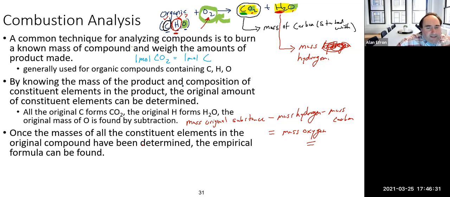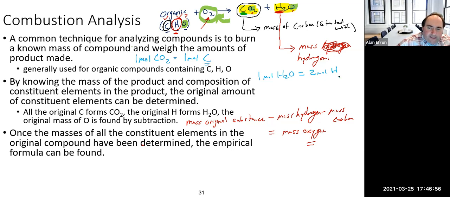That's the same idea. We could use the formula as a conversion factor. We could do the same thing for hydrogen. For every 1 mole of H2O, there are 2 moles of hydrogen.